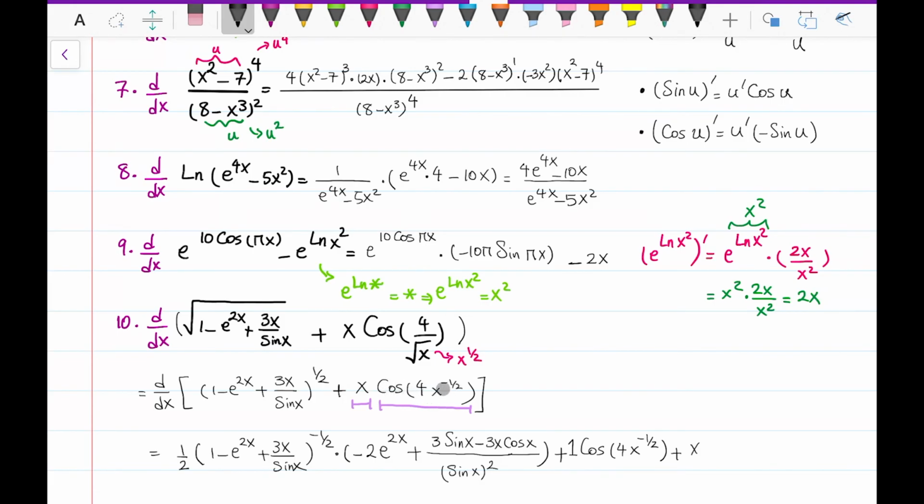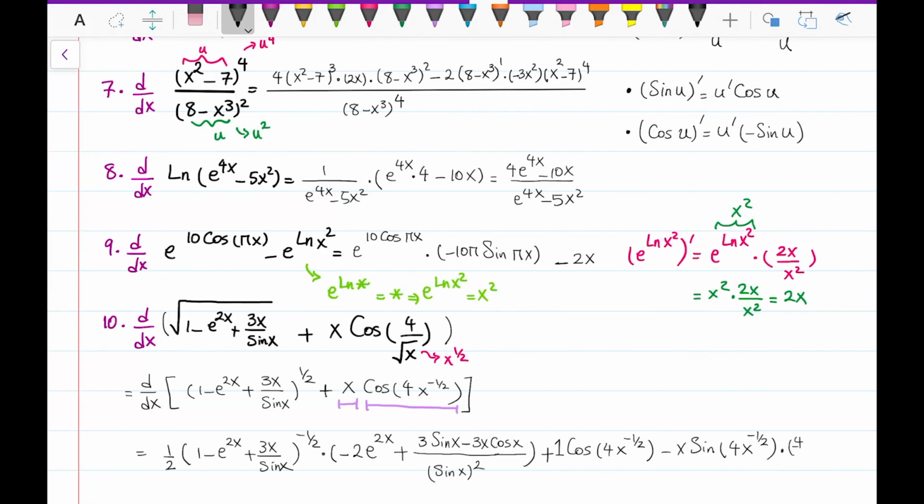So cosine of u would be the derivative of u times negative sine of u. So I'm going to write the negative sine of u, which is this function, times the derivative of the inside function. The derivative of that would be what? 4 times negative 1/2 times x to the power of negative 1/2 minus 1, which is negative 3/2. And it gets multiplied by the first function, which we already did.